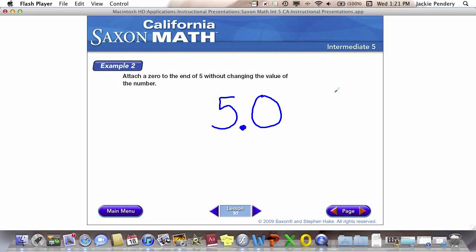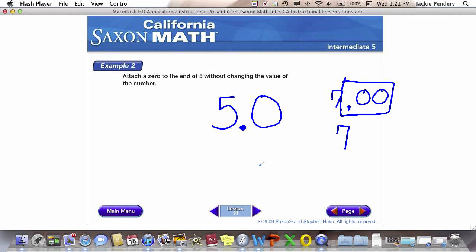Okay, I can also do that backwards. If I had 7.00 and I wanted to simplify this, I can get rid of the decimal and both zeros and just leave the whole number 7.